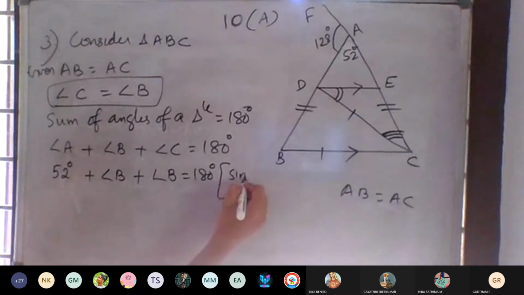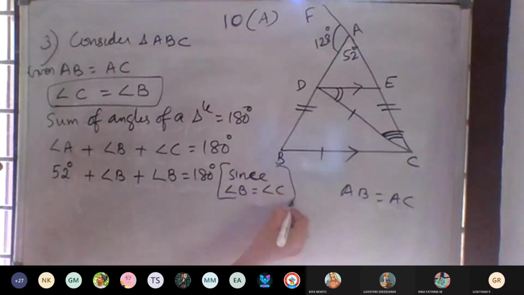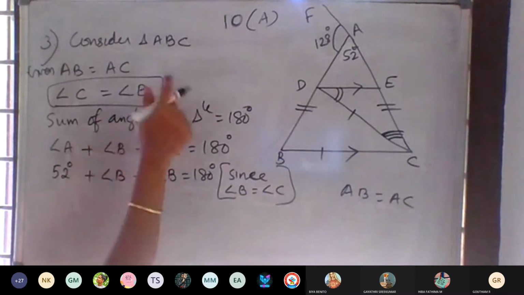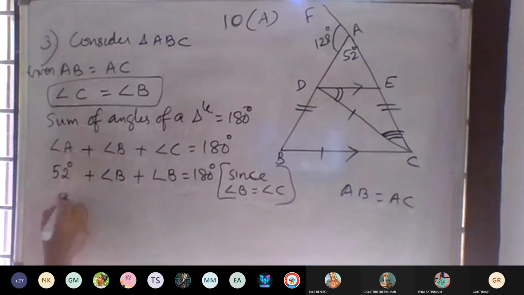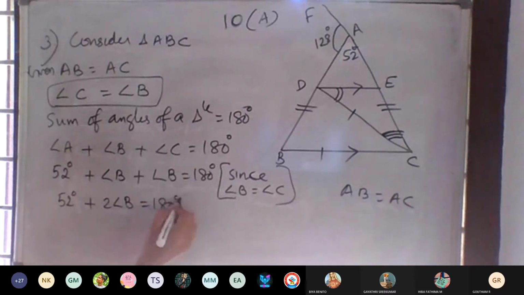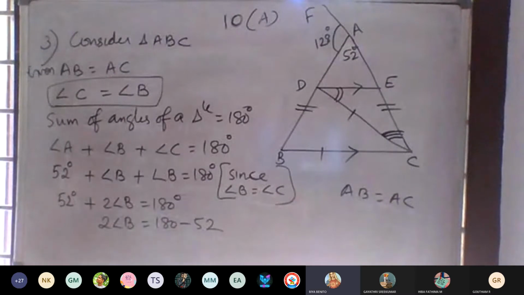The reason you write is, since angle B is equal to angle C. That's why we wrote angle C as angle B. So 52 degree plus 2 angle B is equal to 180 degree. Therefore 2 angle B is equal to 180 minus 52, which is 128 degrees.